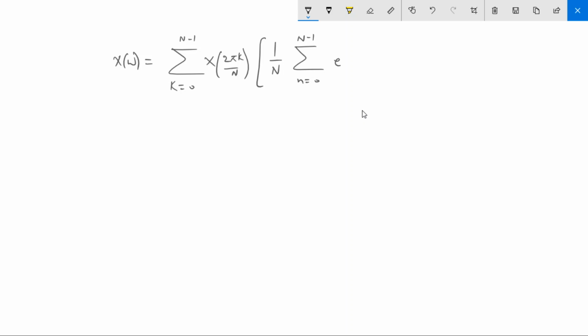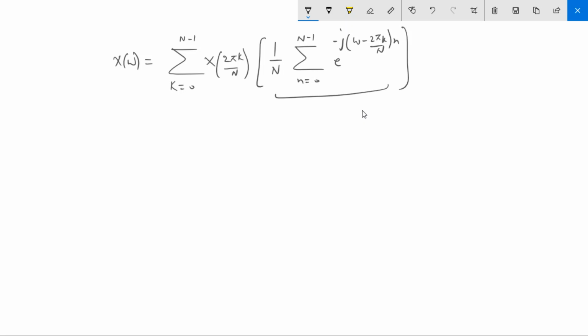So you have this equation finally: X(omega) is equal to the summation of k from 0 to N minus 1 of X(2 pi k by N), then 1 by N, summation of n from 0 to N minus 1 of e raised to power minus j (omega minus 2 pi k by N) times n.